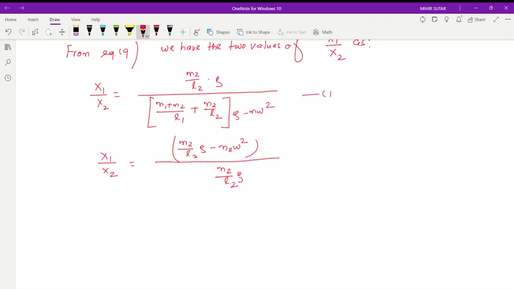Okay, let's say this is equation 10, this is equation 11.